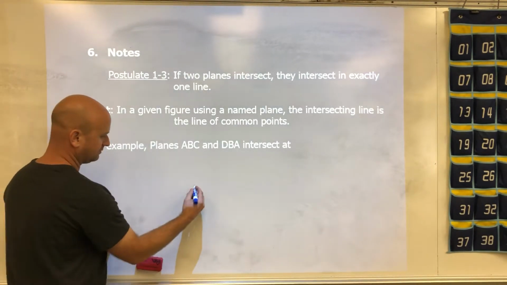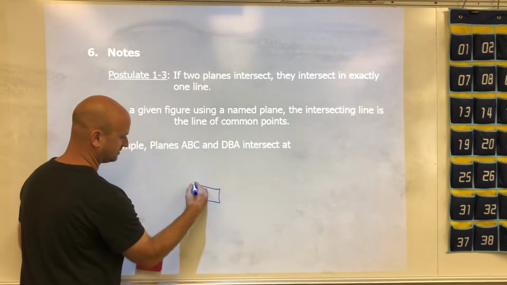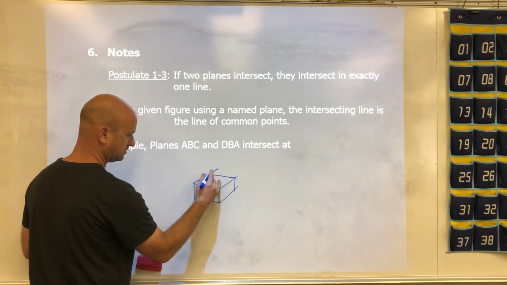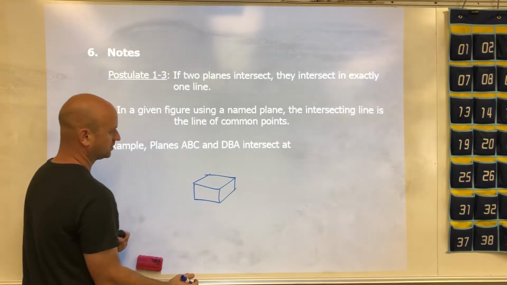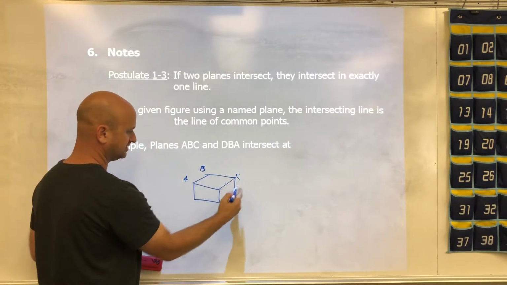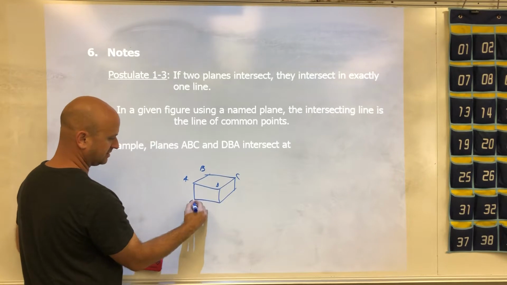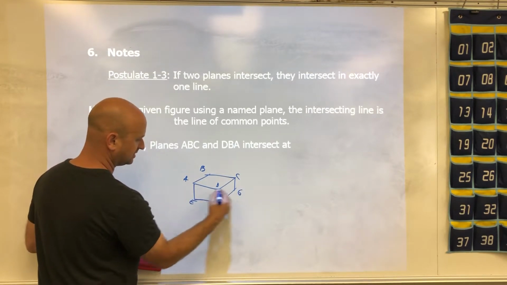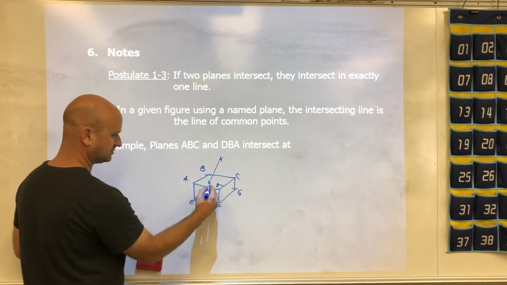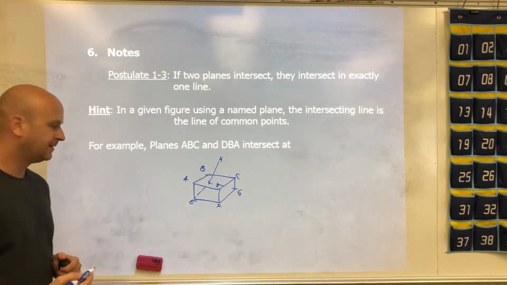Okay, so if I were to draw a box, for example, okay, and I had this plane here, A, B, C, D, and then on the bottom, E, F, G, and then in the back corner would be H. Okay, so hopefully you can see that there, right?